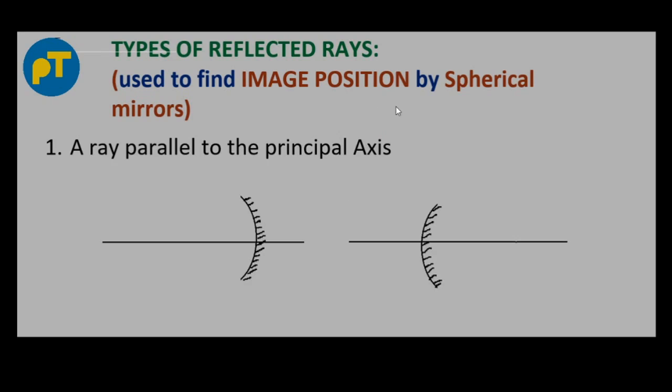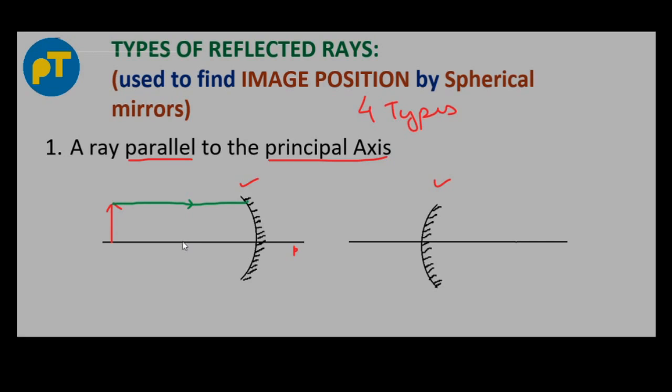The first type of reflected ray that we can consider out of the four types is a ray parallel to the principal axis. This is the principal axis. First we take the concave mirror, and here is the convex mirror. Now a parallel ray emanating from this point, parallel to the principal axis, is incident on this reflecting surface at this point.